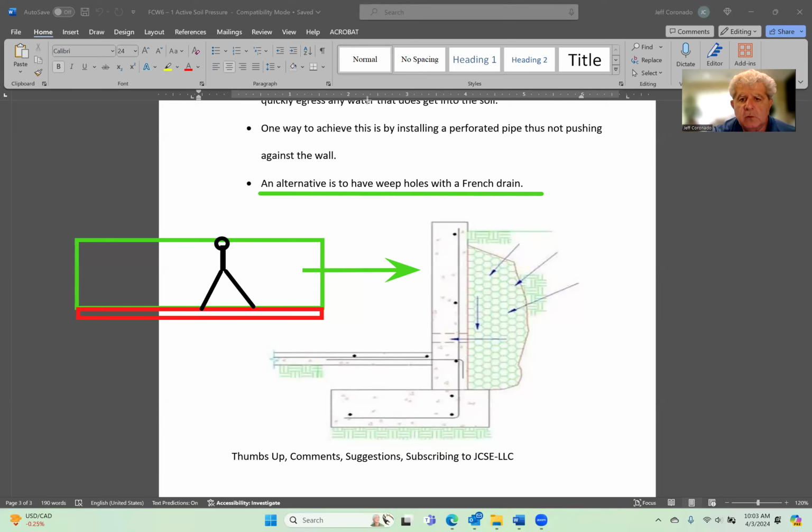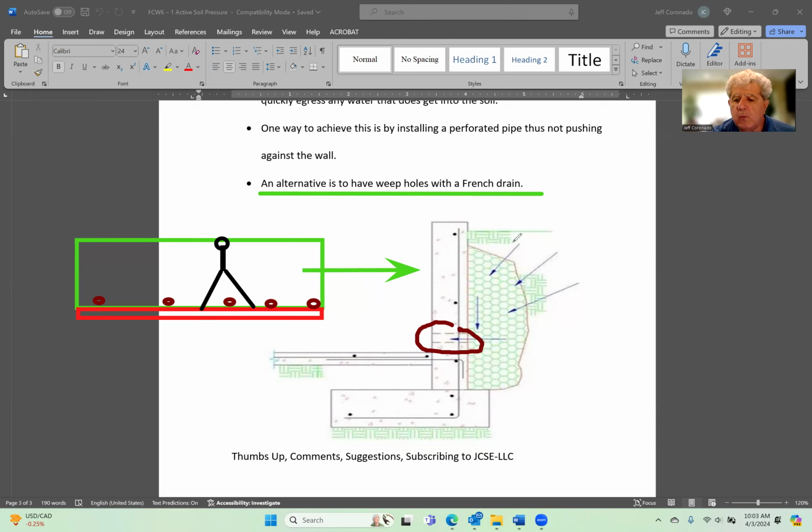If you're looking at the wall, what you are going to see is every 4 feet, every 6 feet, about a 3-inch diameter opening, a core in the wall, which is what's represented by these dashed lines here.